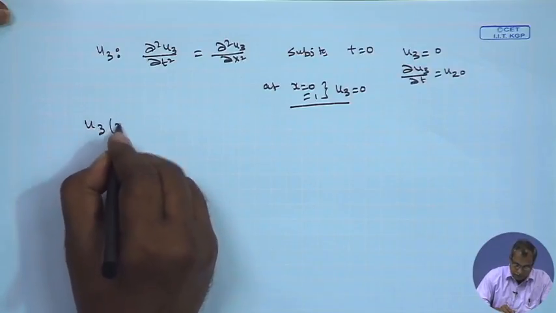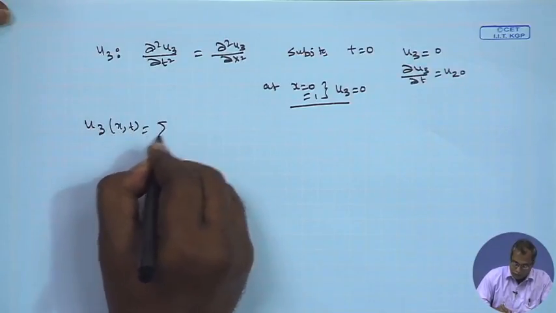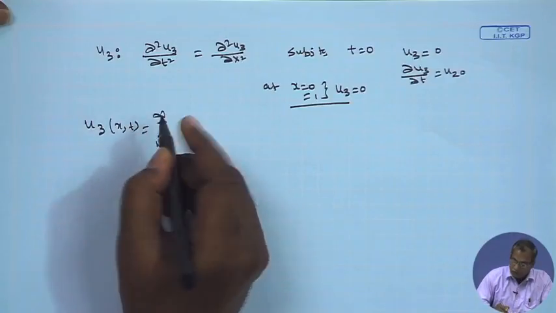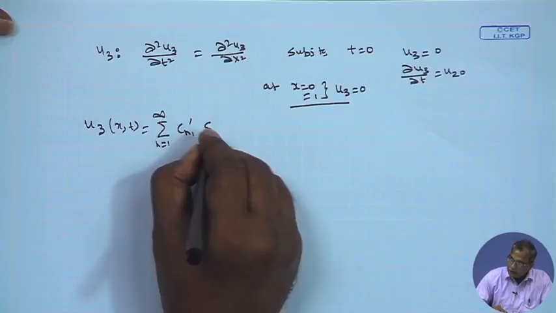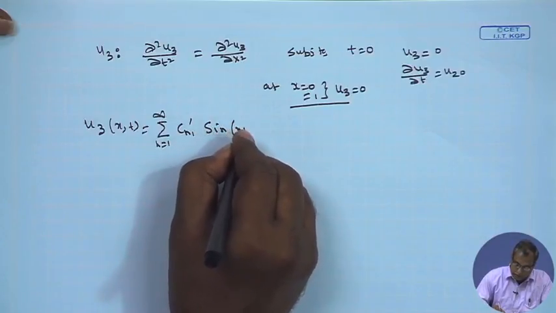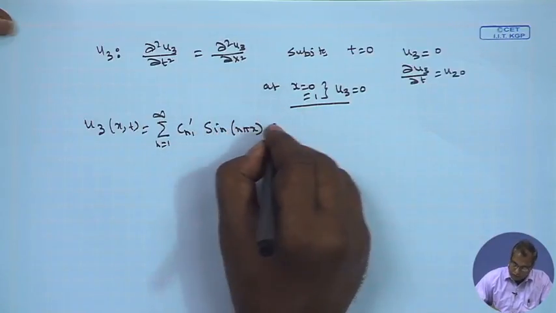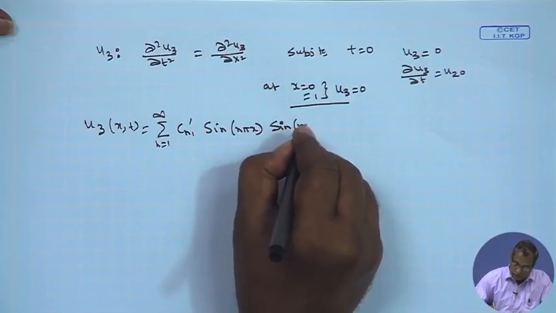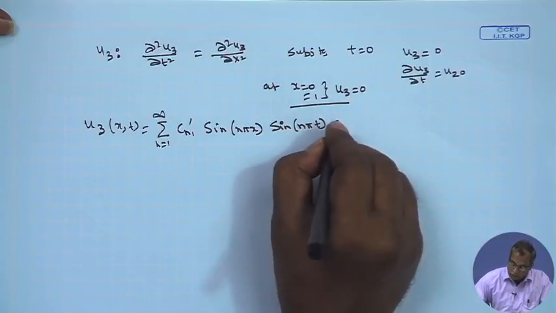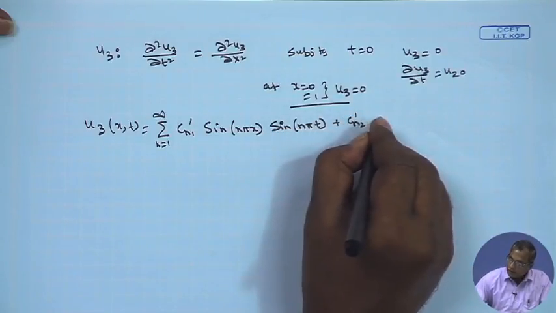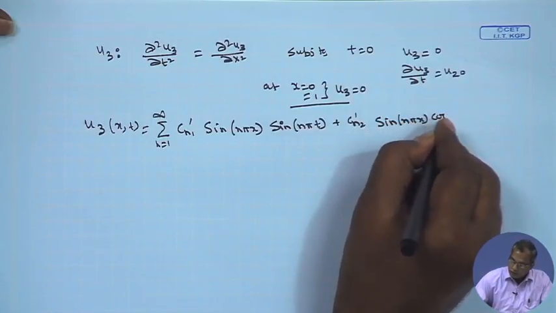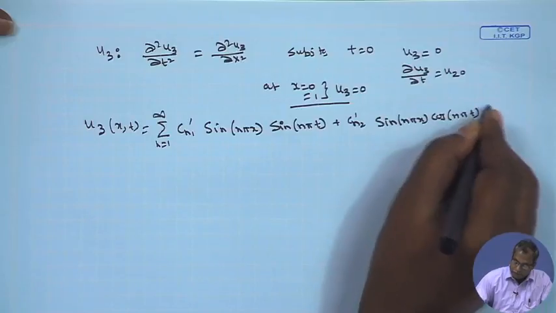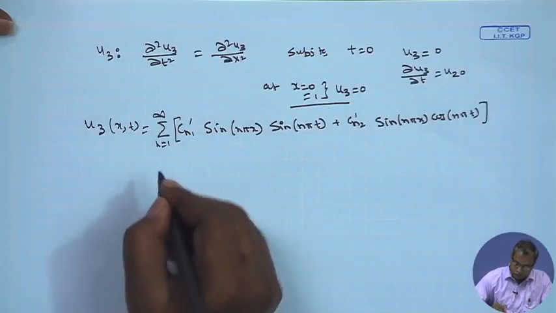u 3 x t will be nothing but summation of n is equal to 1 to infinity c n 1 prime sin n pi x sin n pi t plus c n 2 prime sin n pi x cosine n pi t. Okay.